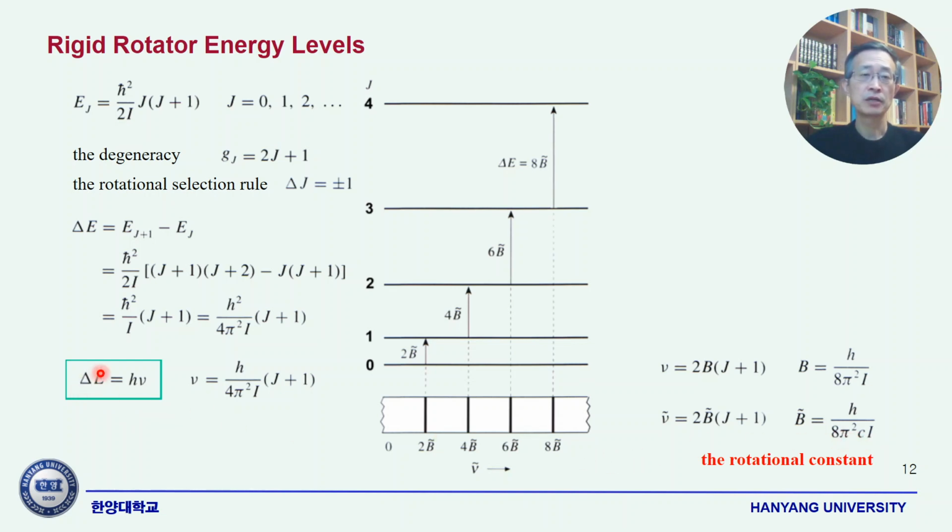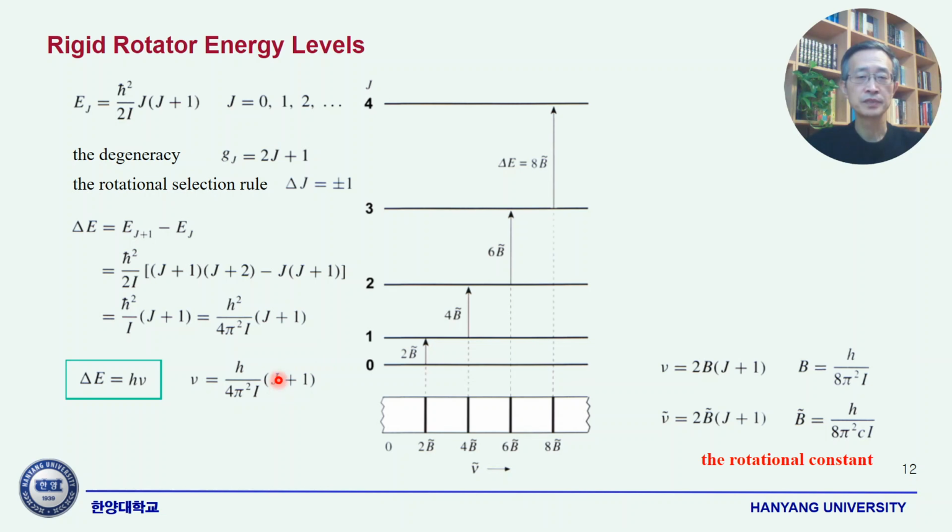What you notice here is that the transition from 0 to 1 is 2B twiddle, in wave number, and wave number increases to the right-hand side.